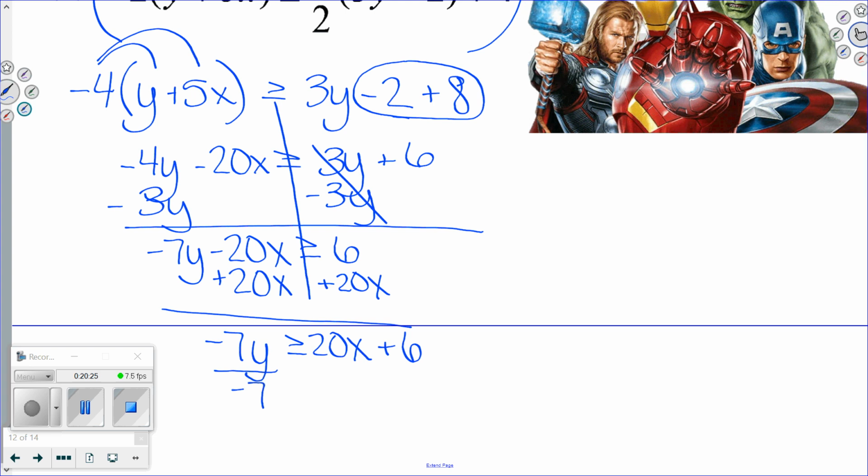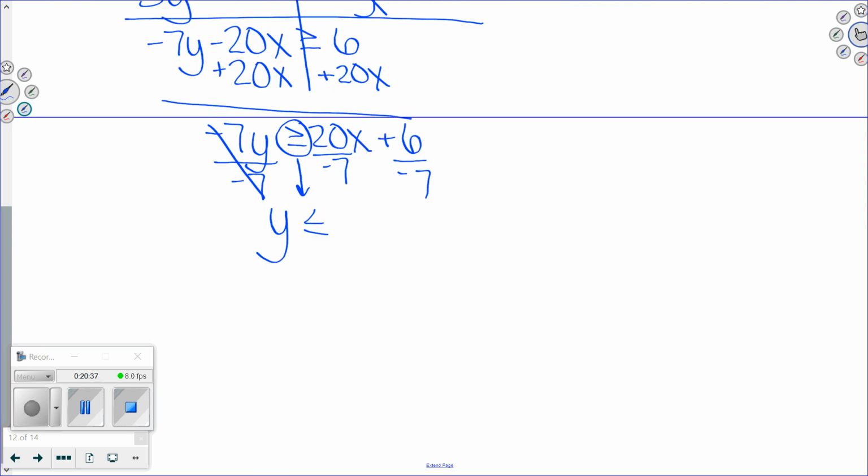Negative 7. Do I need to worry about the sign? Yes. That sign will flip to a less than or equal to. Y less than or equal to negative 20 over 7 x minus 6 over 7. Good.